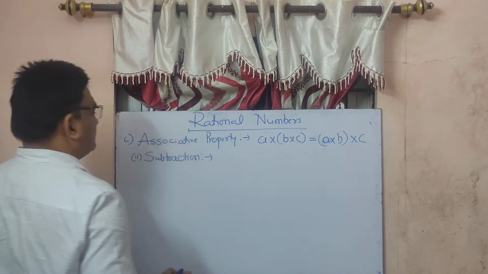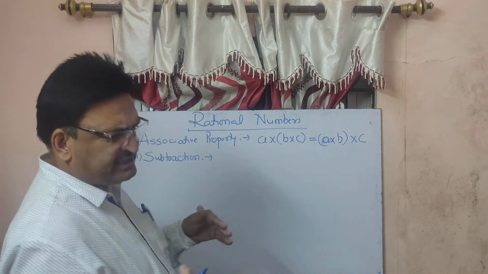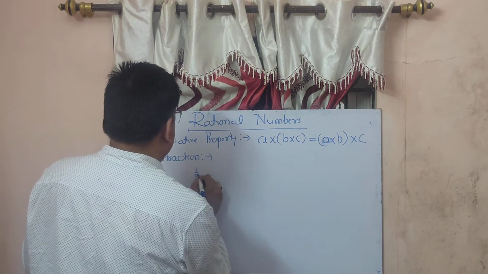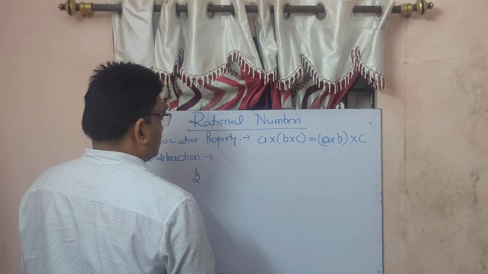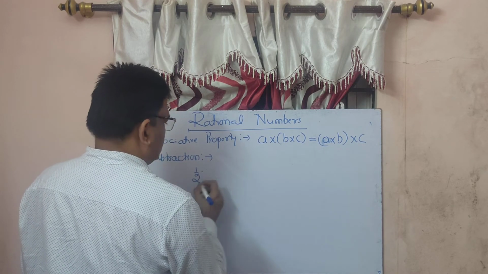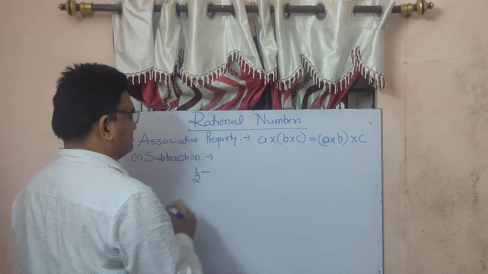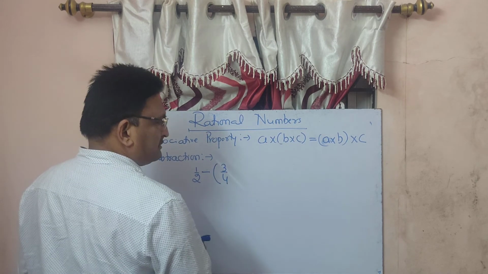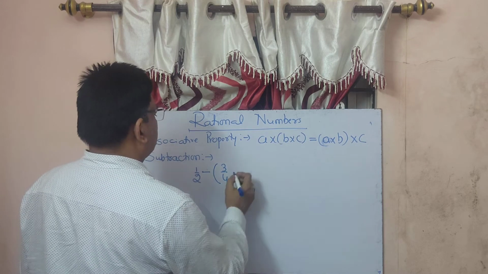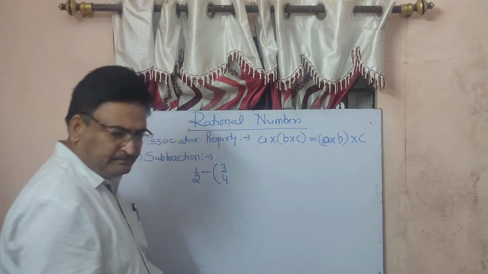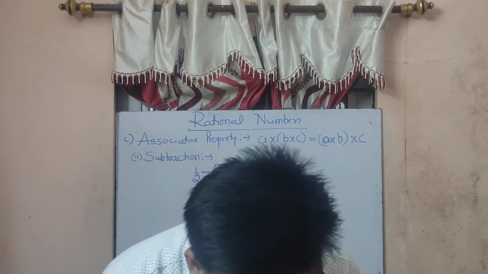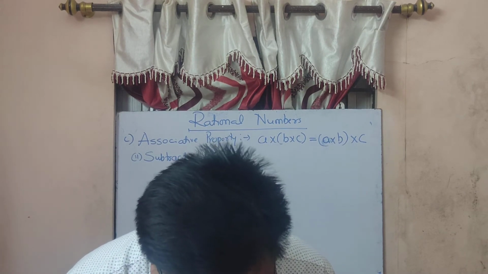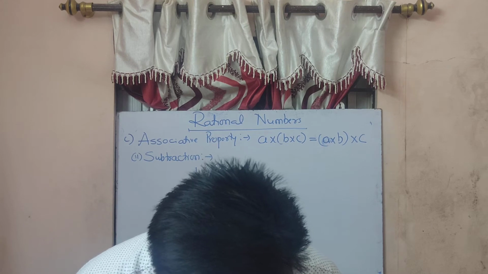Now again we can choose any three numbers. Let us choose 1 upon 2 minus 3 upon 4. Now we are talking about associative property.